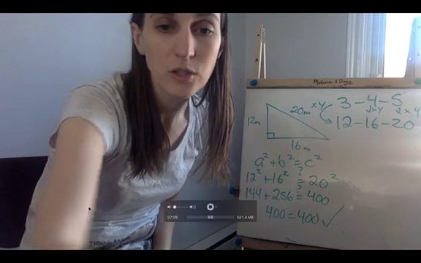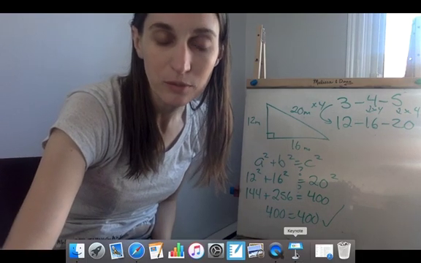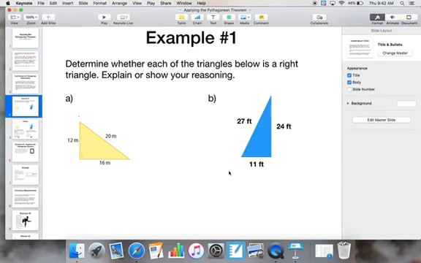Okay, so let's go back and take a look at that second example. In this one, we have a slightly different triangle with three side lengths: 11 feet, 24 feet, and 27 feet.